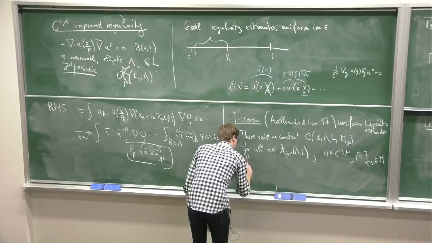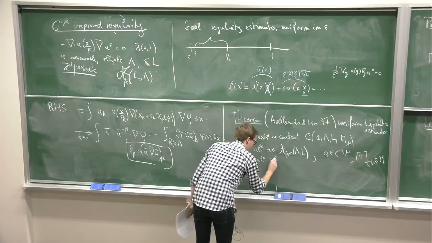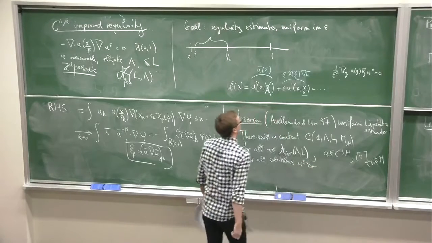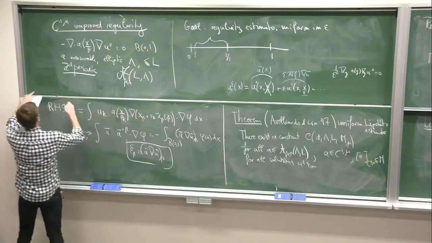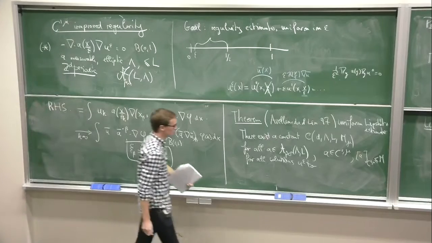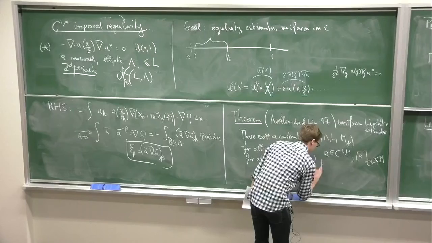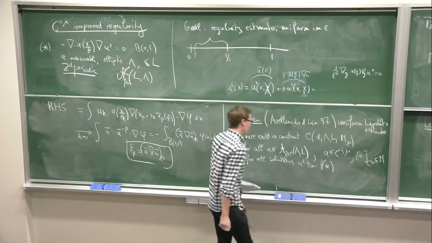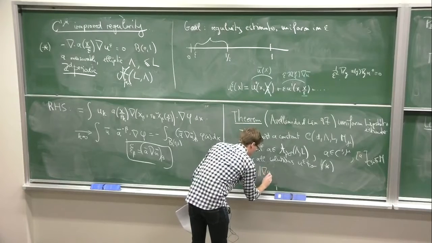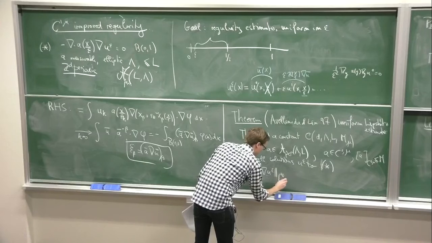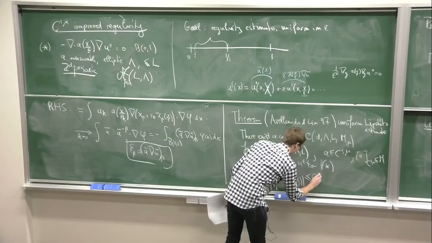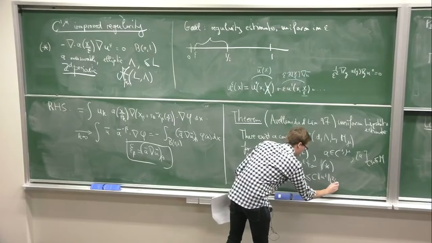So for all solutions u_epsilon to the elliptic equation, let's say denoted by star, we have that the gradient of u_epsilon in L infinity of the smaller ball is controlled by C times u_epsilon in L2 of the bigger ball.